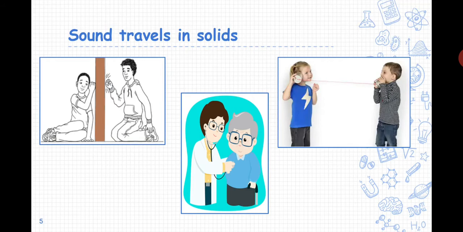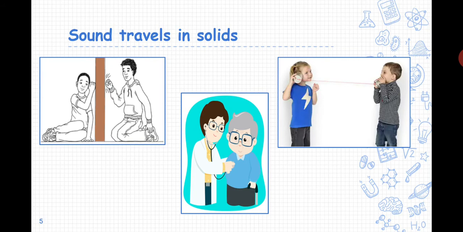Let's go to the picture in the middle now. Do you see this instrument used by the doctor to hear the heartbeats of the patient? Have you ever thought how the sound of heartbeats reaches the ear of the doctor? It travels from the patient to the doctor's ear through this wire or line of the instrument used by the doctor.